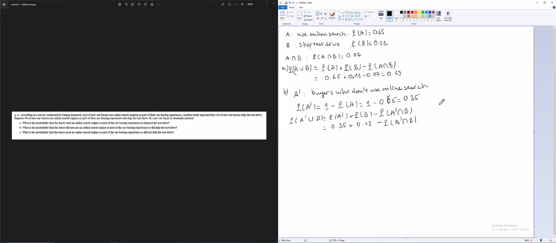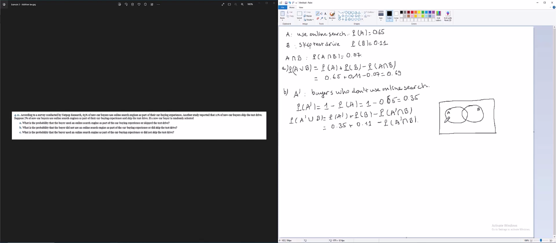To visualize this, I'm going to draw a Venn diagram. In this Venn diagram, we have two events: A, this circle, and then event B, which is the second circle.